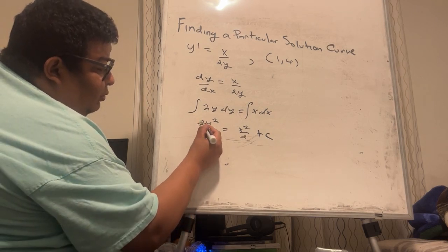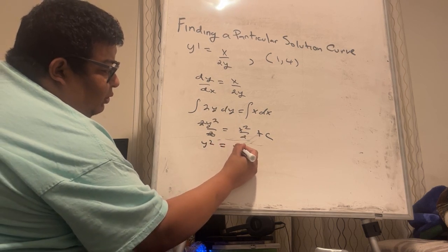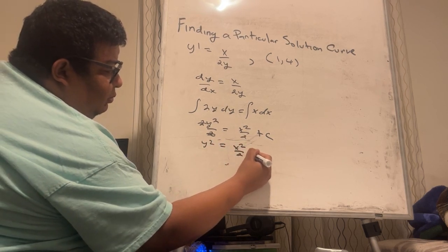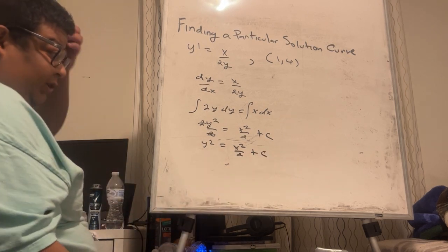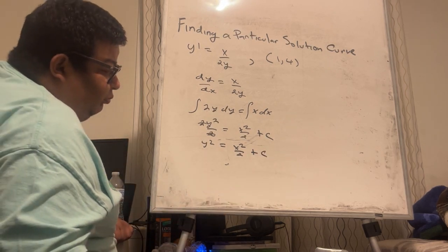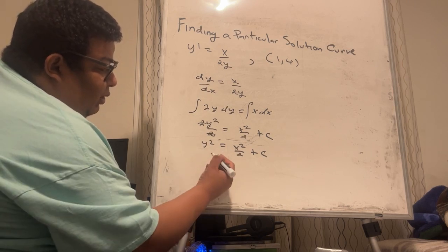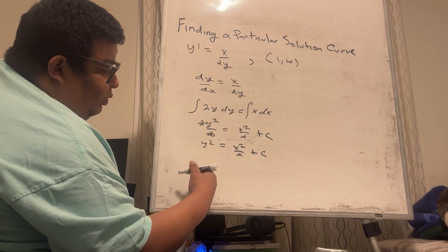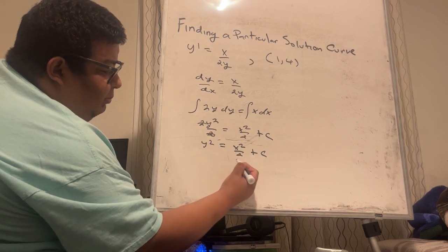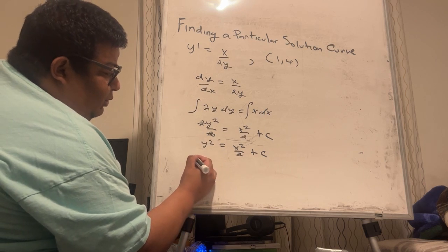Then we cancel this one, we get y squared equals x squared over 2 plus c. Then we're going to multiply everything by 2, so we get rid of these 2s.